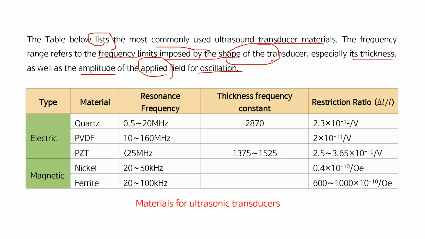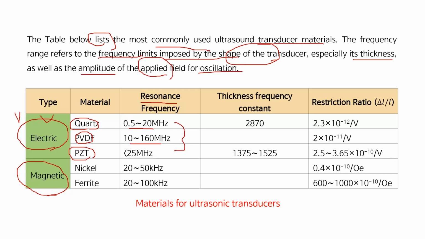There are two kinds of transducer material: electric materials and magnetic materials. In the electric materials, we have quartz and the ceramic materials PVDF and PZT. Its frequency range is given here, so megahertz for electric materials.